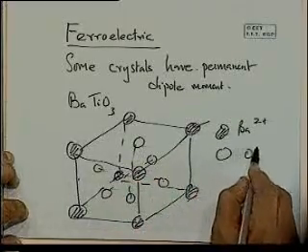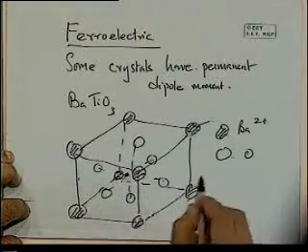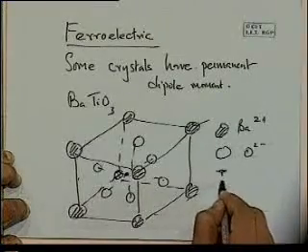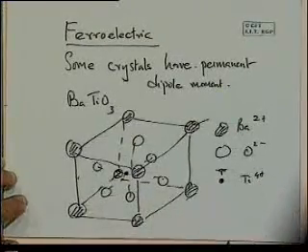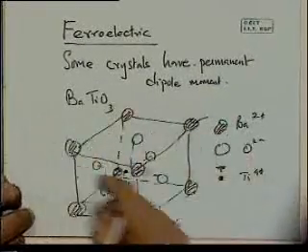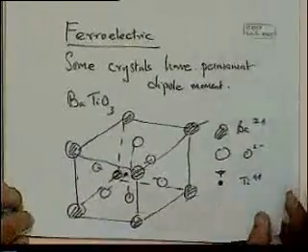And then we've got a little titanium ion sitting in the center of all this, at the body center. That's basically the barium titanate structure in 3D. Okay? 8 of them are barium in the corners, 6 oxygens in the face centers, and 1 titanium in the body center.